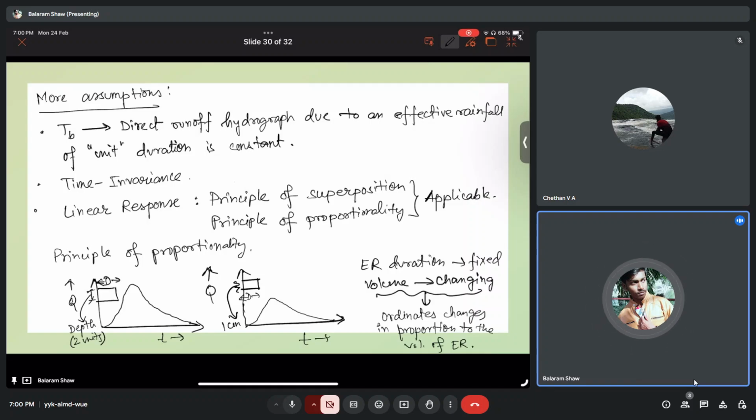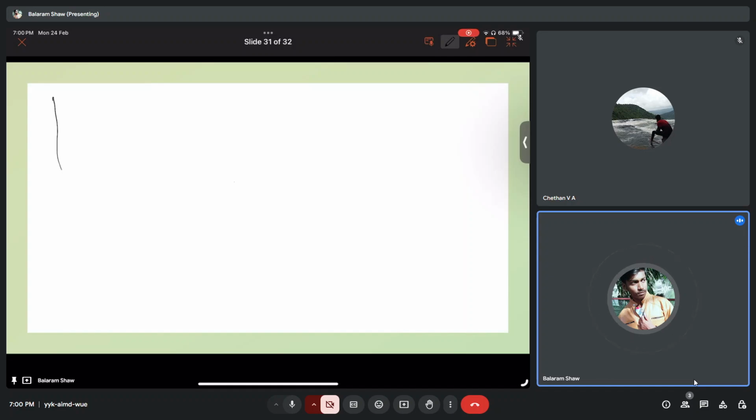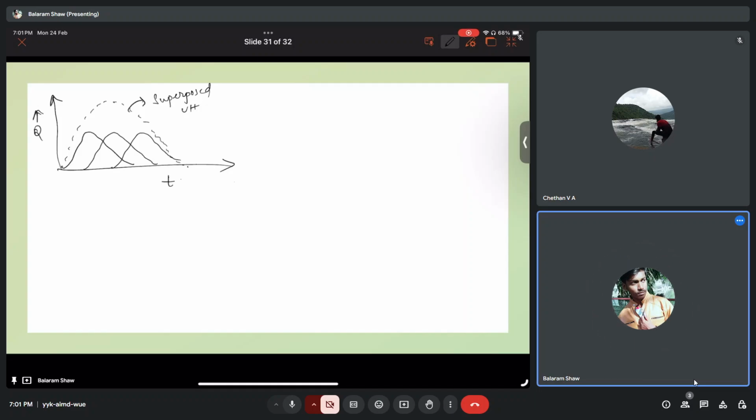And as I mentioned, what is the principle of superposition? Let's say you have similar unit hydrographs, with a lag. The principle of superposition says that you can just add them up and you will get a new unit hydrograph. I'll write it as superposed unit hydrograph, Q versus T. So can you tell me the limitations of this unit hydrograph?